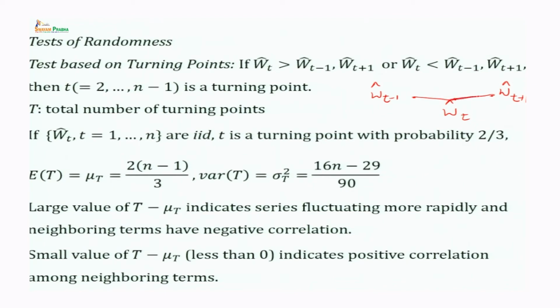So, again this is a turning point. So, if any of these two conditions is satisfied, then for t equal to 2 to n minus 1, the corresponding point is a turning point.